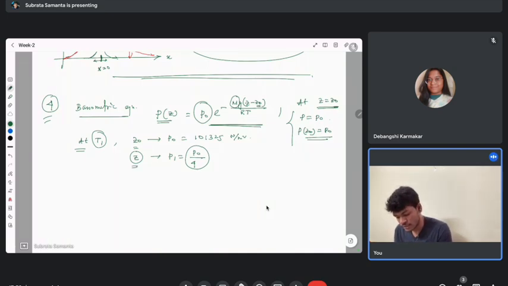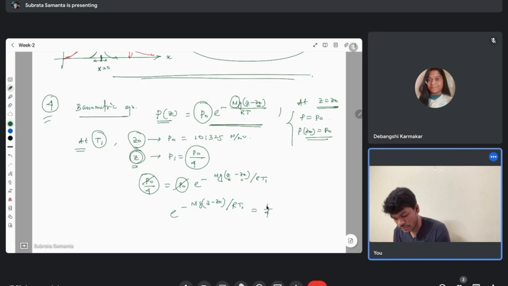I put this formula: P0 by 4 equals P0 e to the power minus M g (z minus z0) by R T1, at that particular temperature T1. We do not know z0 or z, so we write z and z0. How do we know P0, P1? They just cancel. So e to the power minus M g (z minus z0) by R T1 gives 1 by 4.